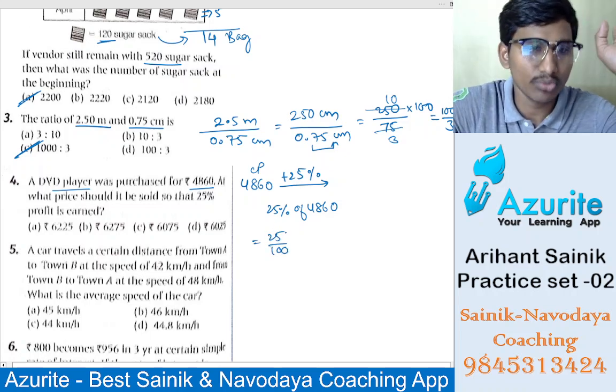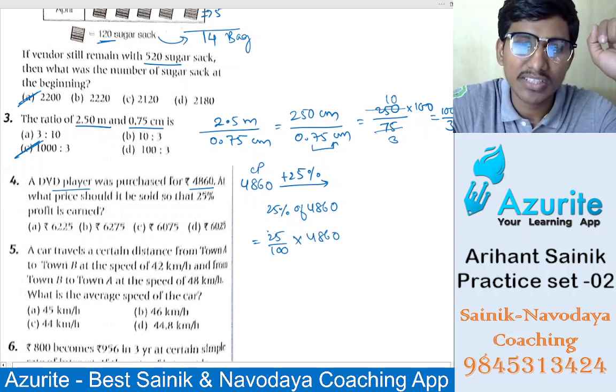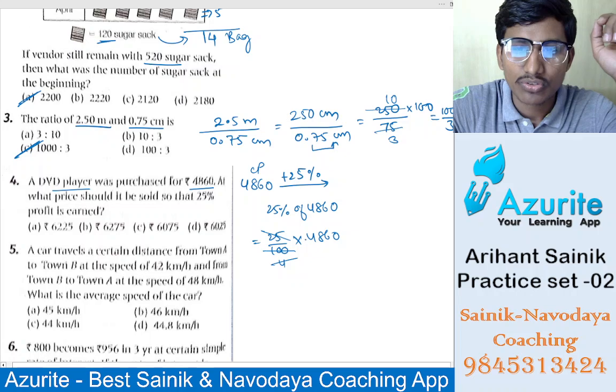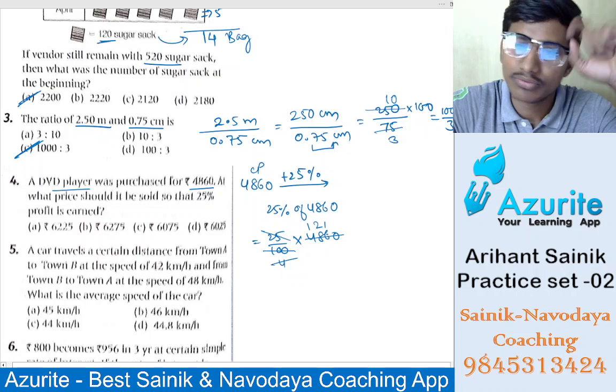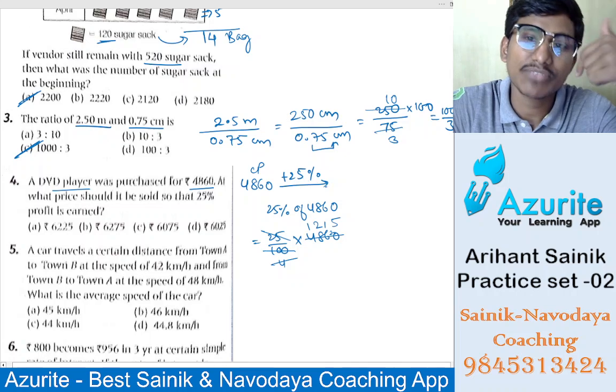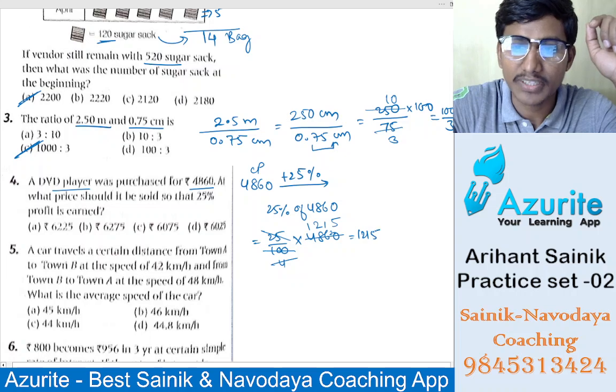You can find 1/4 of 4860 by dividing by 4, which gives 1215. That is the profit.